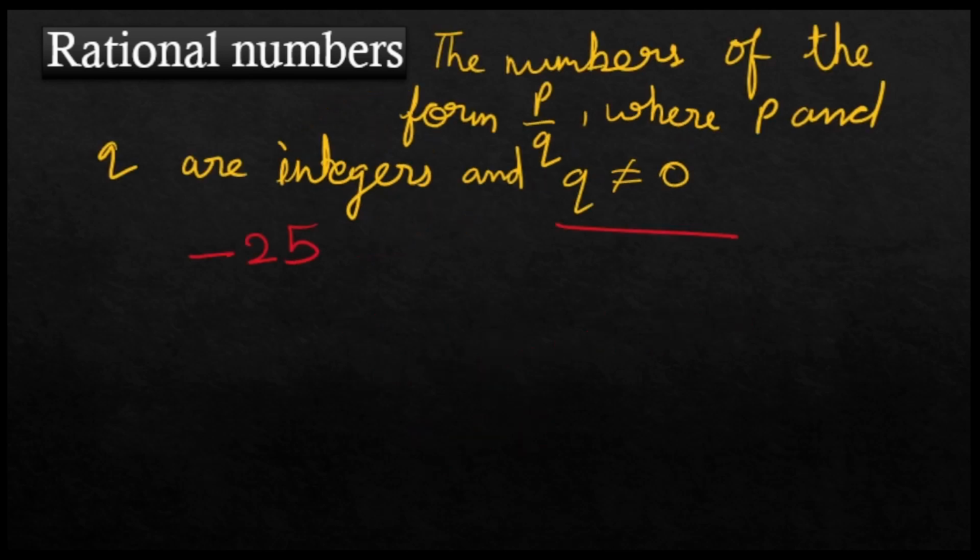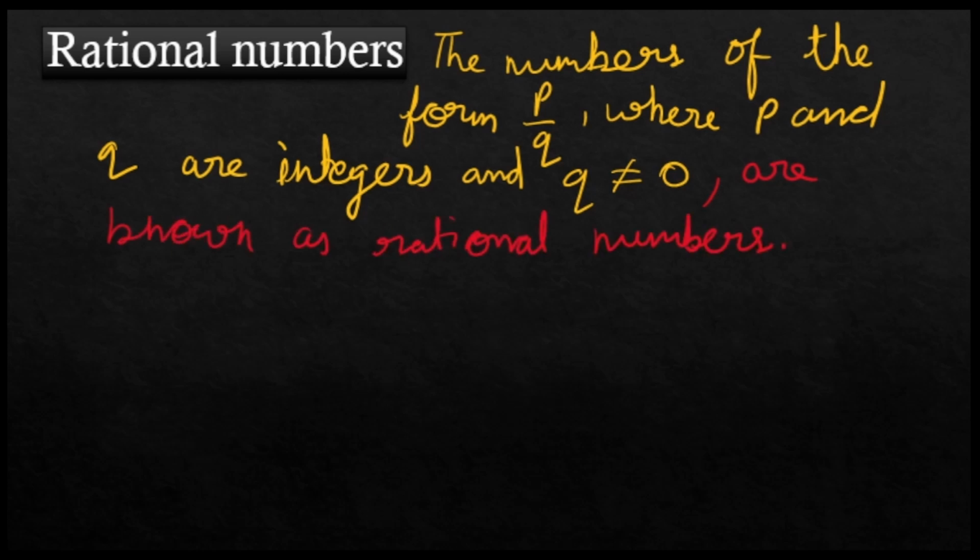So q must not be equal to 0 to fulfill the condition of the p by q form. Numbers of this form are known as rational numbers.